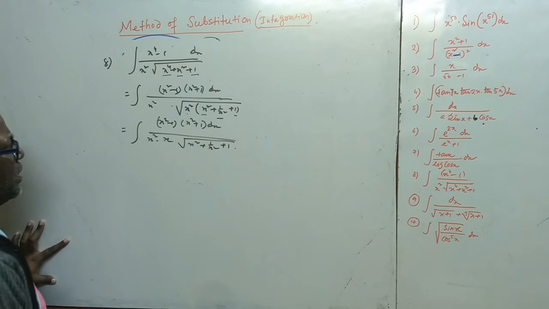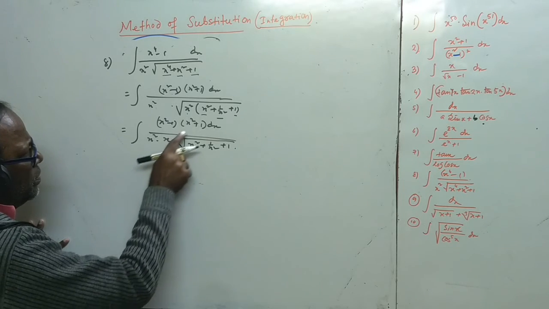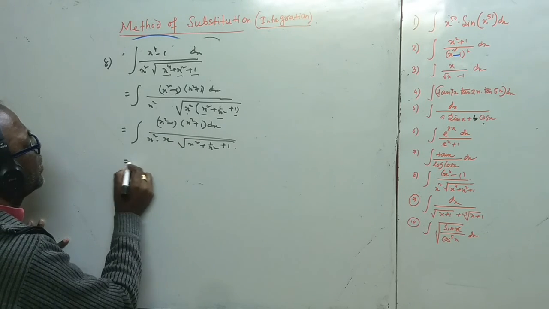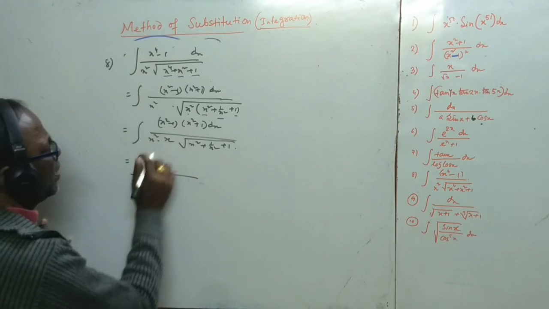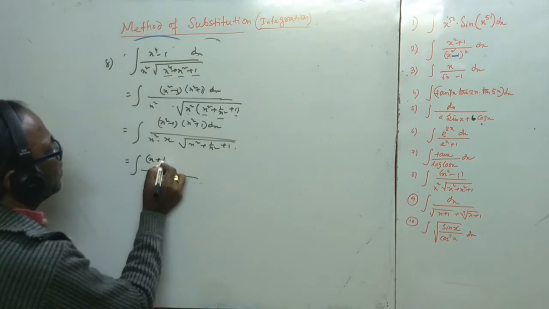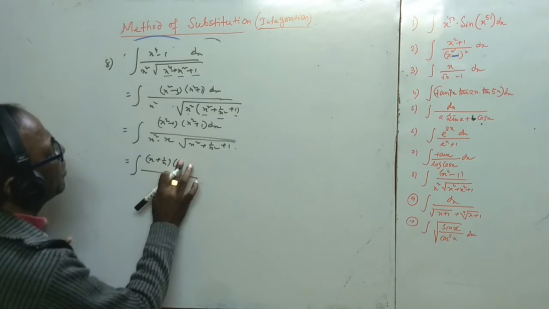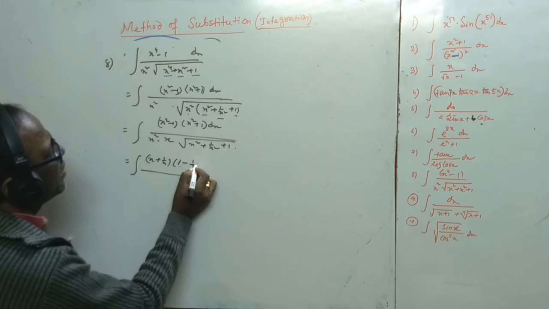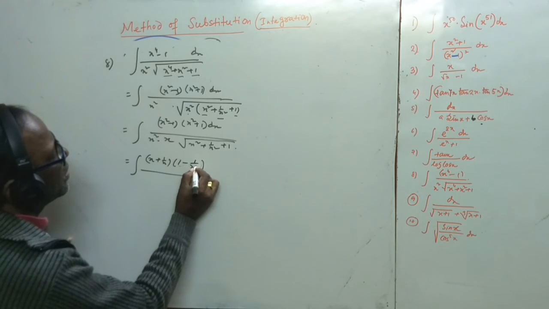Now if we differentiate this by x and this by x square, so we have written, if we differentiate this, then x plus 1 by x firstly. If we differentiate this in the second position, 1 minus x square by dx.